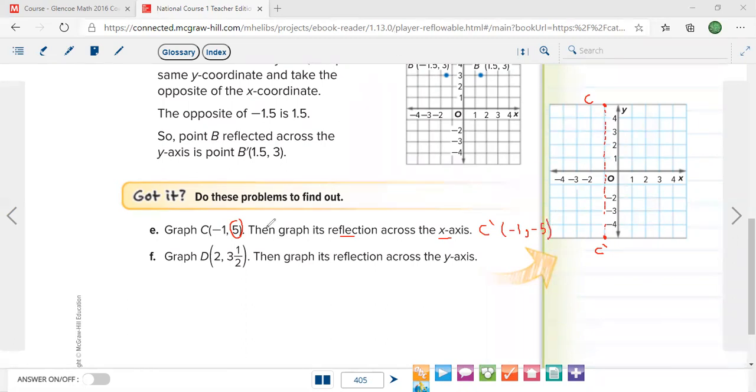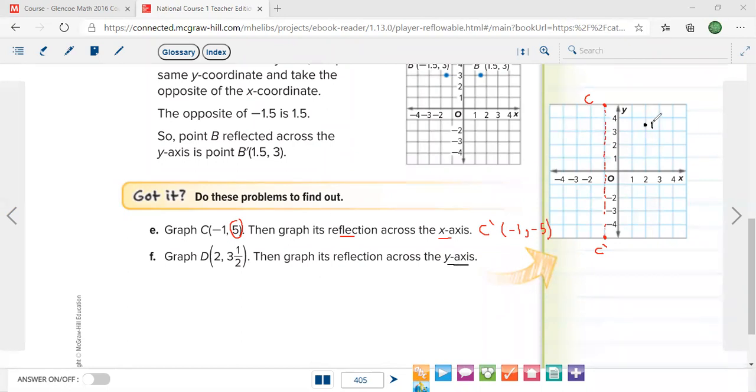Now the other point, graph D, which is 2 and 3.5, then graph its reflection across the y-axis. So let's start by graphing D. This is 2 on the x, 3.5 on the y, so the point is exactly here.